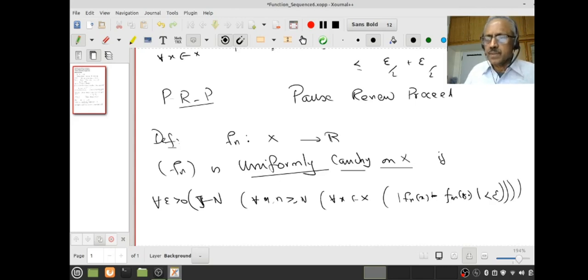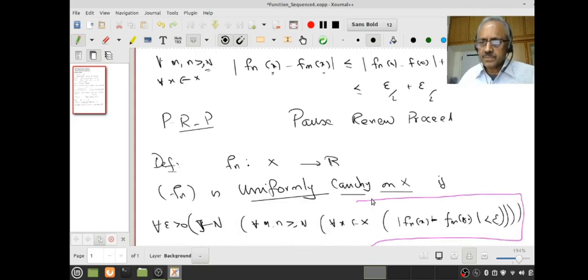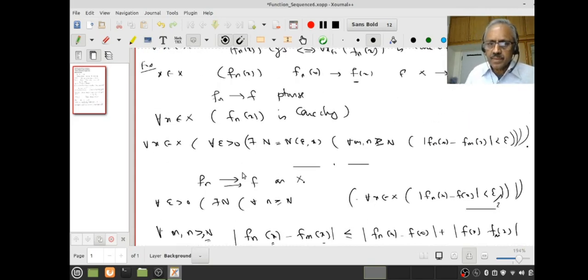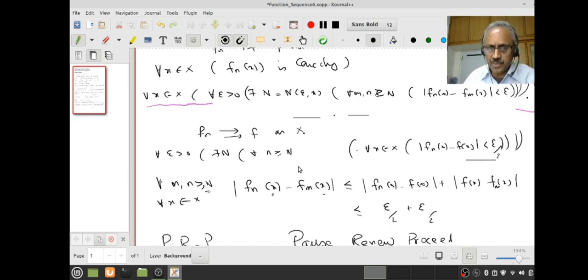Okay, and look at this and compare this with this. You see that? It's exactly similar to uniform convergence.